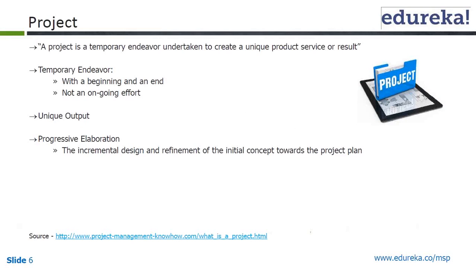So that is not unique. So what is unique? Let's say I'm building a new house. That is unique. I'm building a new building. That is a new project, and it is a unique thing.